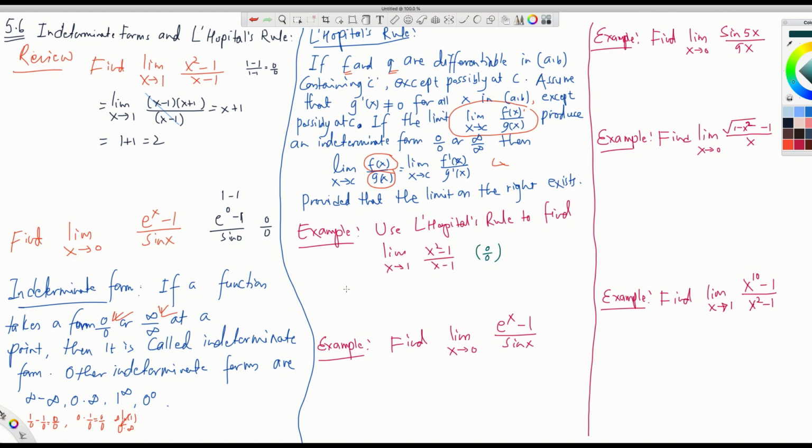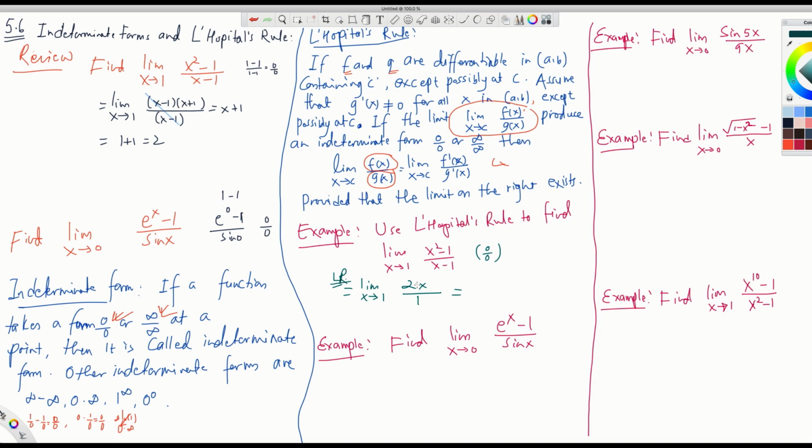L'Hopital's rule implies that when you get 0 over 0, you write the limit as it is and find the derivative of the top. What is the derivative of the top? It is 2x. Divided by the derivative of the bottom, which is just 1, because the derivative of 1 is 0. Now plug in the limit.